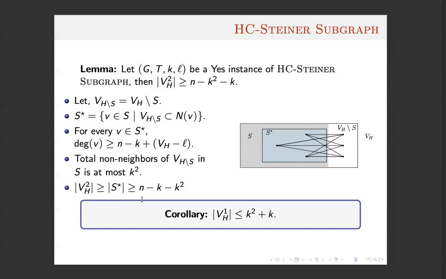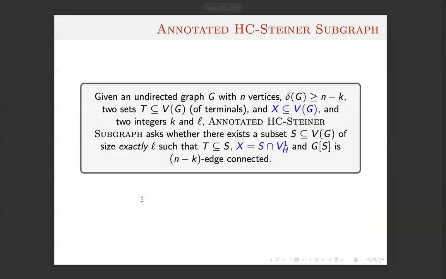Based on this corollary, we are trying to solve one problem with some additional information, called the annotated Steiner subgraph problem, where we are given a graph with minimum degree n minus k, two sets, T, which is the terminal set, and the other one is X, a subset of vertices in the graph G, and two integers k and L.